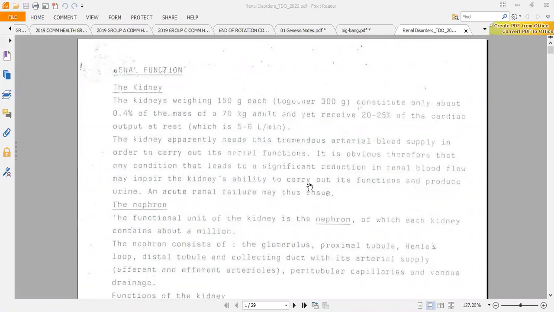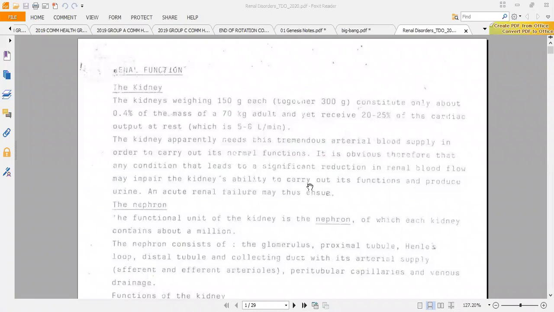Then we have the distal convoluted tubule, then the collecting tubules and then the collecting ducts. So these are the parts of the nephron, and I'm sure we know the functions of each of these parts. Each part of the nephron performs a specific function.